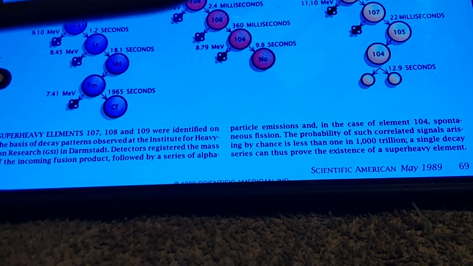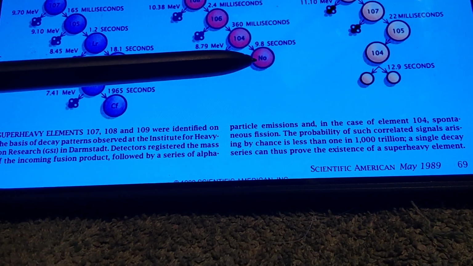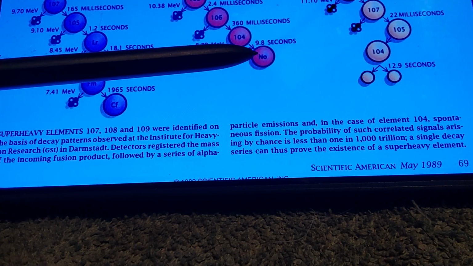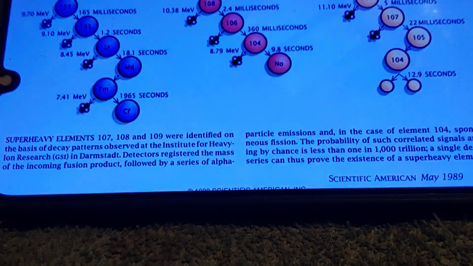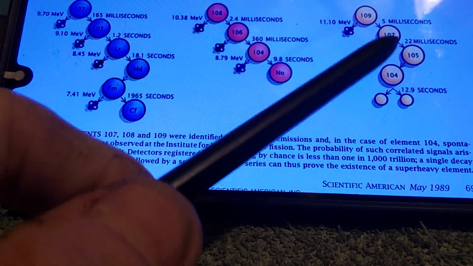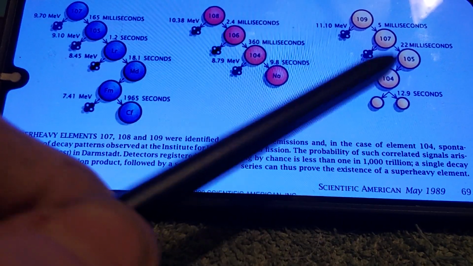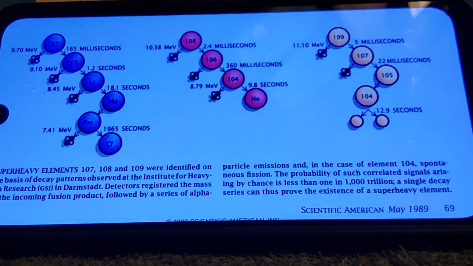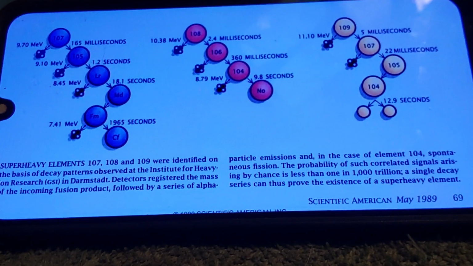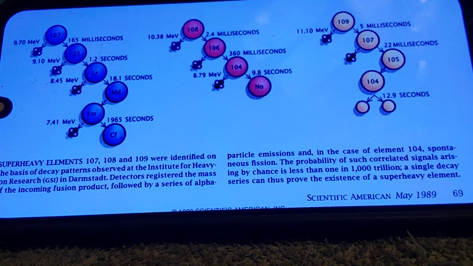And over here, element 108 actually splits on down to nobelium. And 109 will end up as 104, I think 104 is rutherfordium. Yes, rutherfordium. So you can read this in the bottom here at your leisure and find out more information.